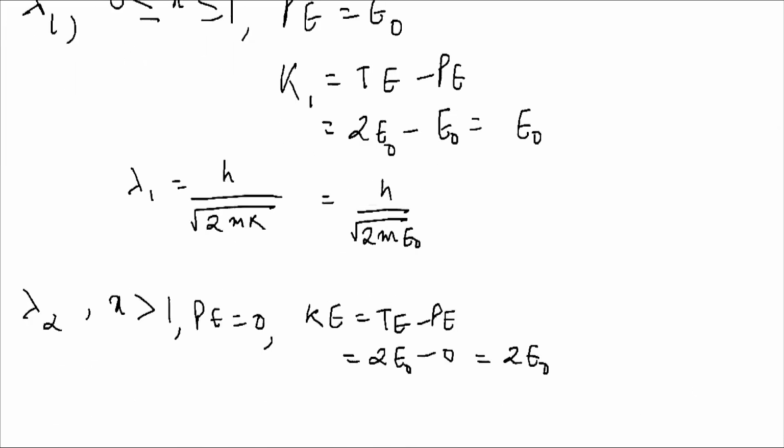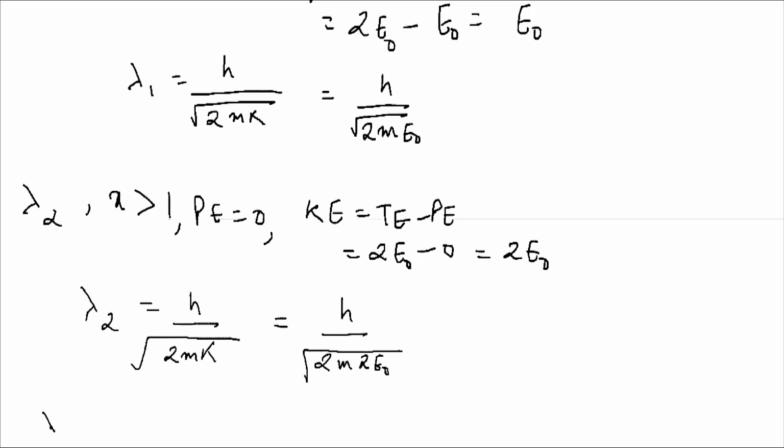So lambda 2 will be equal to h upon under root of 2mK, which will be h upon under root of 2m times 2 E naught.